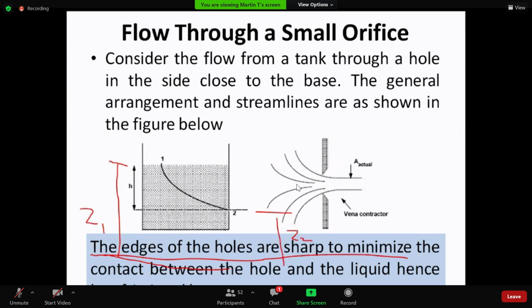You can see that the difference between Z1 and Z2 is H. So if I rewrite my equation, Z1 minus Z2 is equal to U2 squared over 2g. Then Z1 minus Z2 is H, so H is equal to U2 squared over 2g. And then we get U2 equals the square root of 2gH.